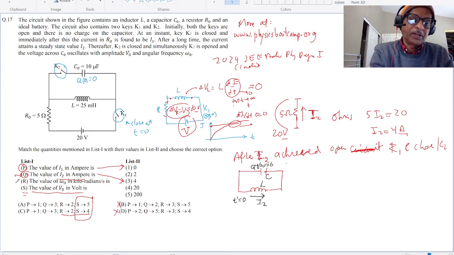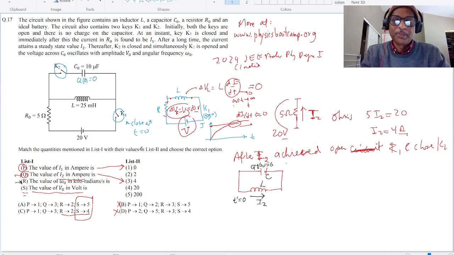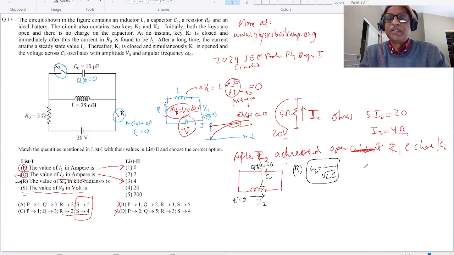So we can do R. I think S requires doing R actually. If I do R, what's the omega of this circuit? Omega 0 is going to be 1 over square root of LC. This formula you really have to remember from your studies of the LC circuit, otherwise you have to set up the equation and solve it, which can take a while.